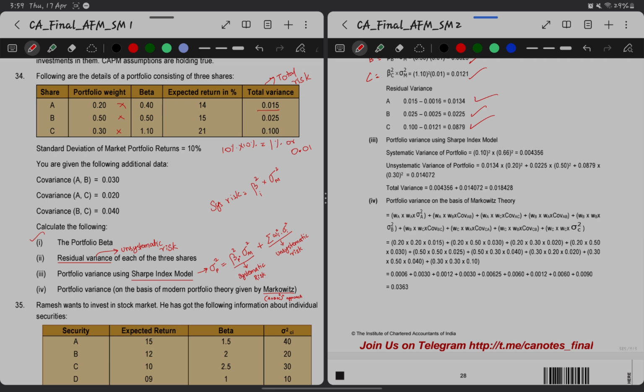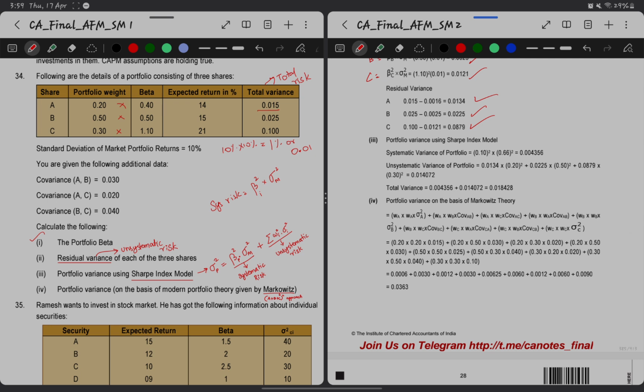The third requirement is portfolio variance using the Sharpe index model. For that, the specific formula is given, which is nothing but systematic risk plus unsystematic risk will give us the total risk, nothing but portfolio variance.